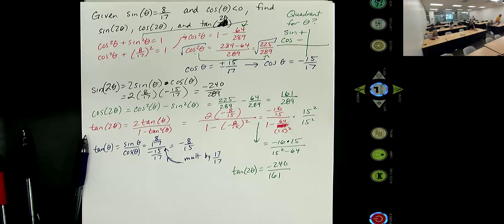That seems like a lot of work to get tangent 2 theta. Is there an easier way? Like I had to find tangent theta and then we had this giant complex fraction. Is there an easier way?